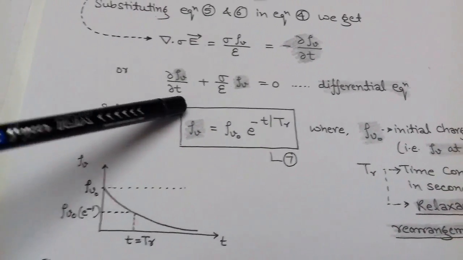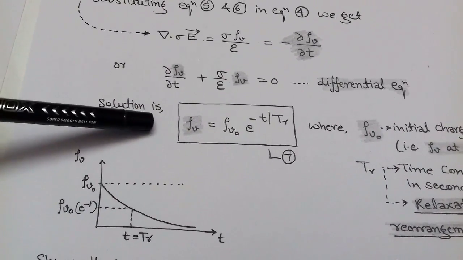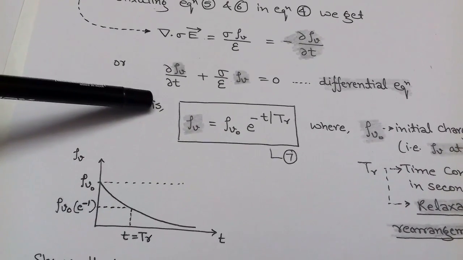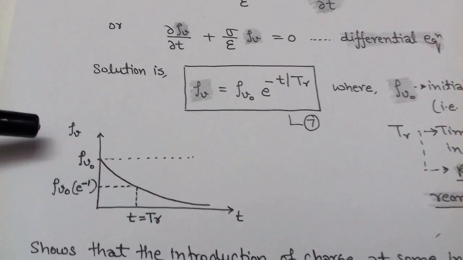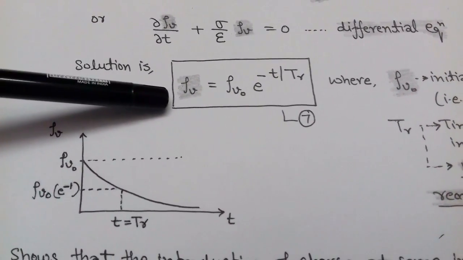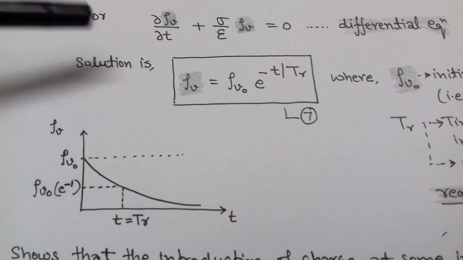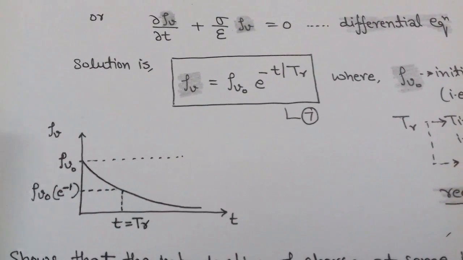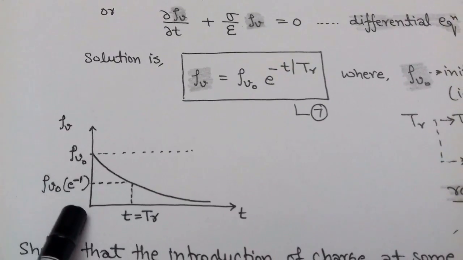So equation 7 is the solution of the above equation. This volume charge density rho V equals rho V naught e to the power minus t by tr is represented graphically.